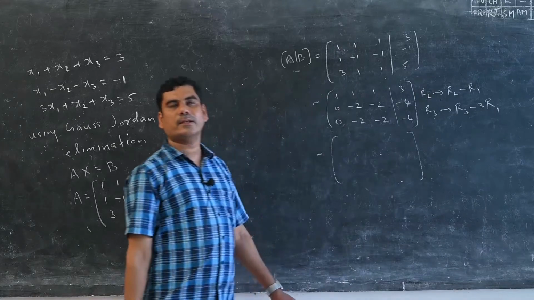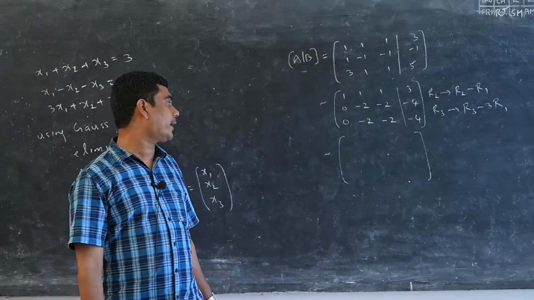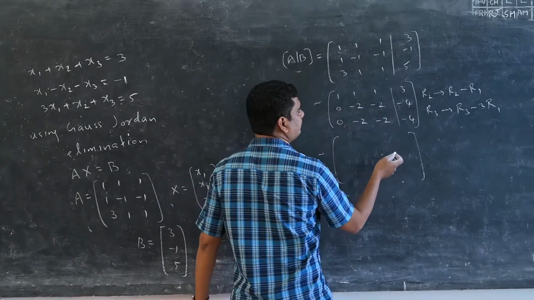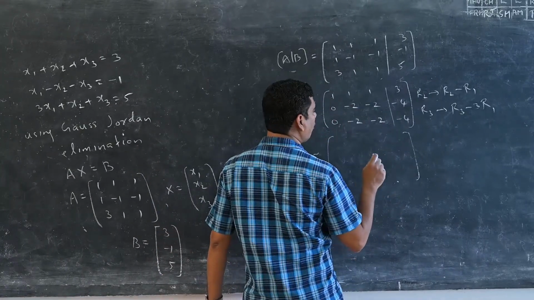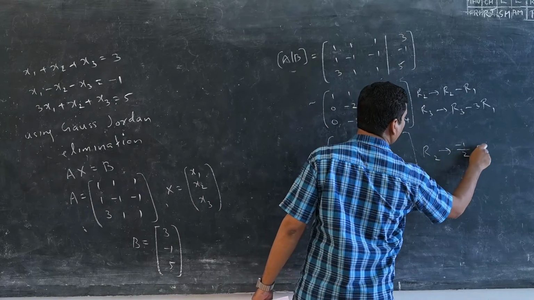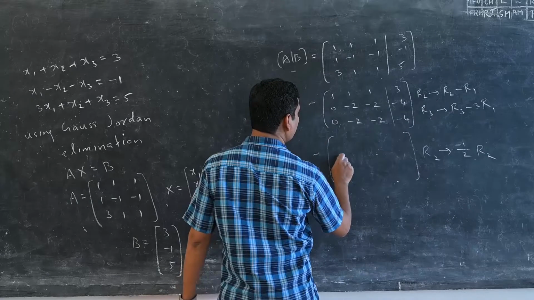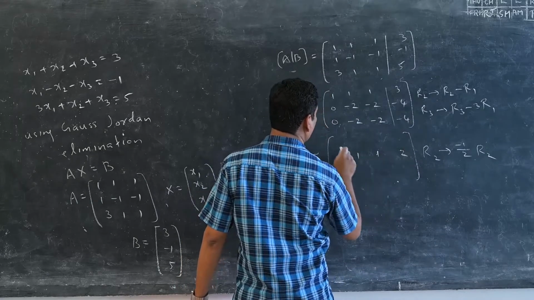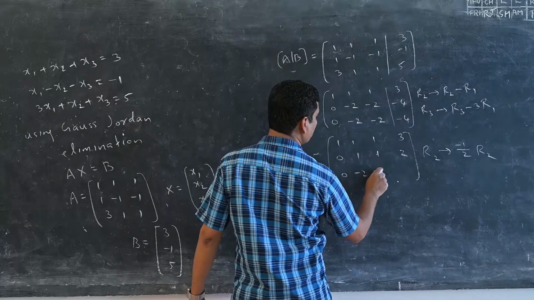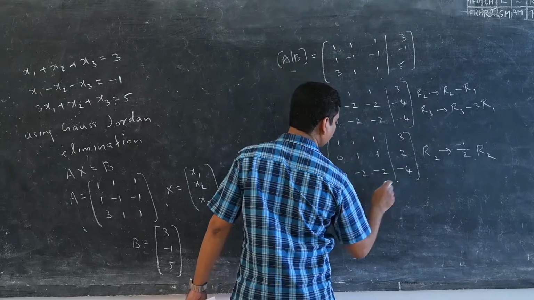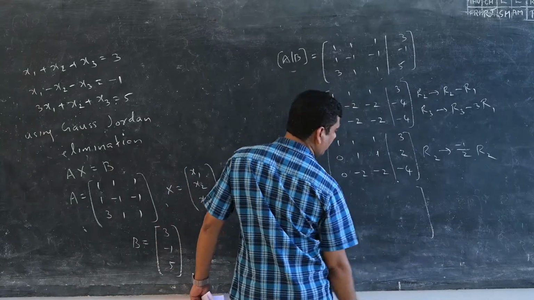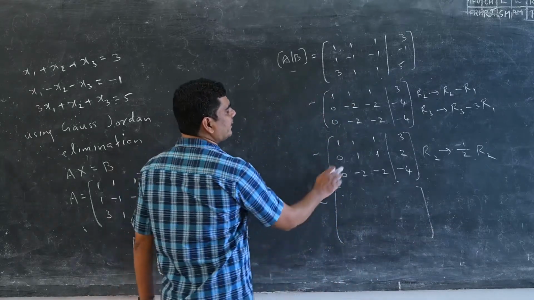Now we come to the second row, take the first non-zero element, here it is minus 2, and make it 1. So we do the row operation R2 goes into minus 1 by 2 R2. It is 0, 1, 1, 2. Now this is equivalent to this matrix, where we have made this element 1.